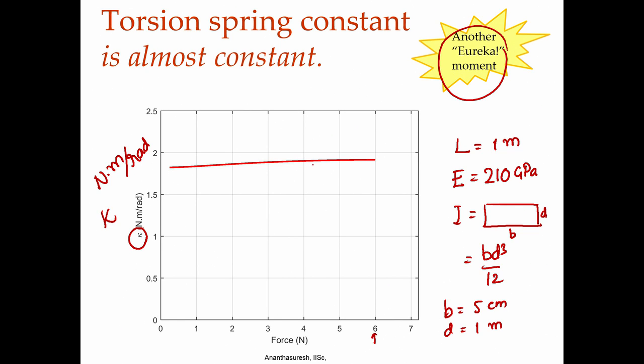So, we can approximate the elastic nature of the cantilever beam by introducing a torsion spring constant. This kappa is not going up and down much; it varies a little bit, but relative to the zero base that I have taken, it looks pretty much constant. If I take some average value in the middle, then I would be approximating the elastic behavior in a convenient way, where this kappa is constant as the force increases.